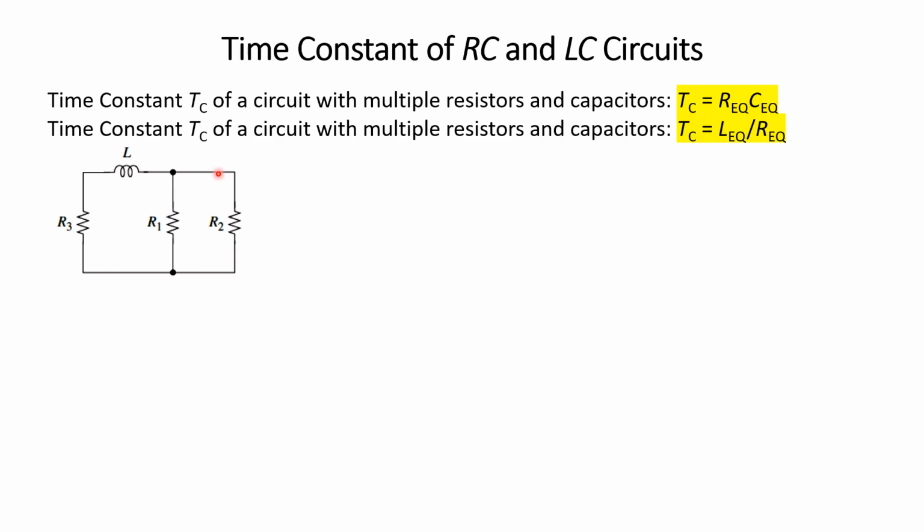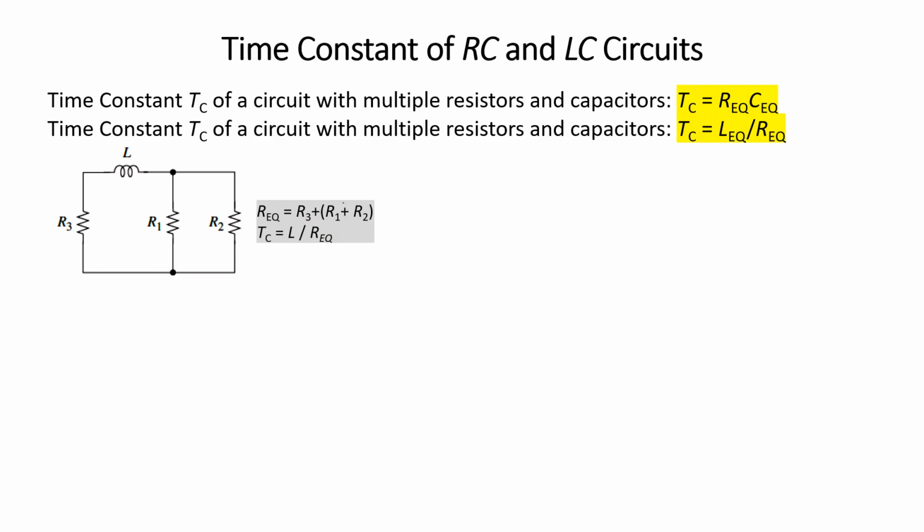So we have two parallel resistors over here and then one in series. So R equivalent is the parallel combination of these two. This should be R1 R2 here.